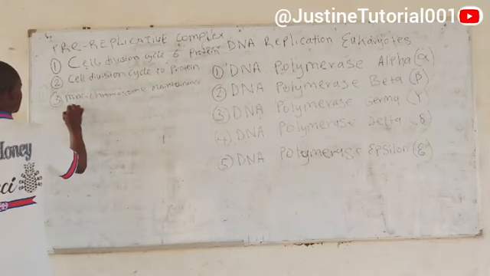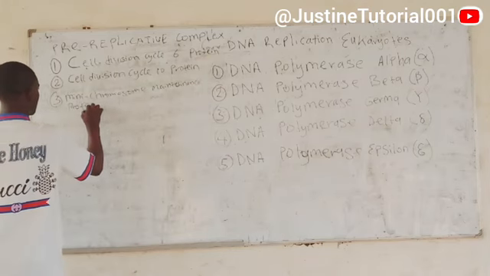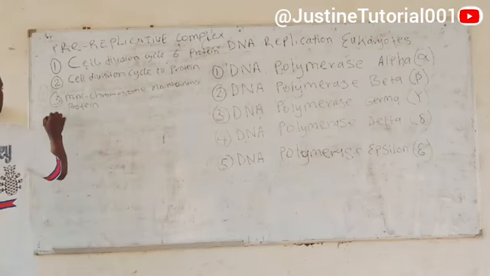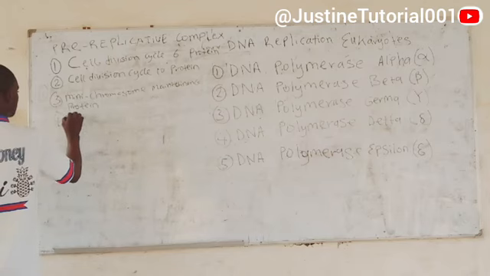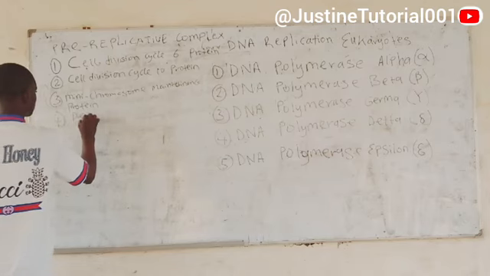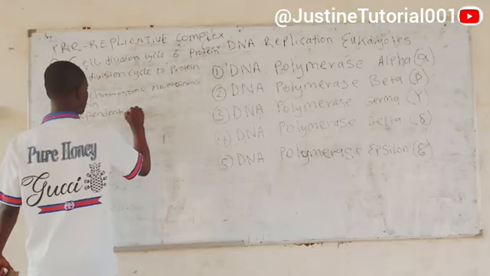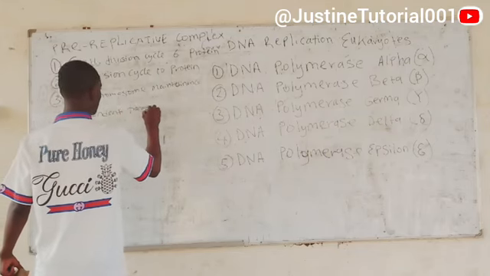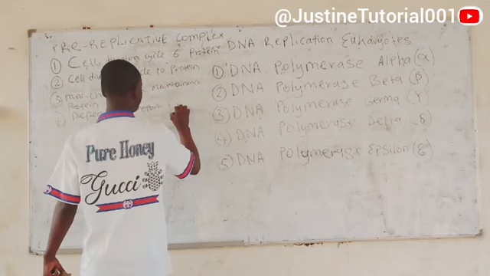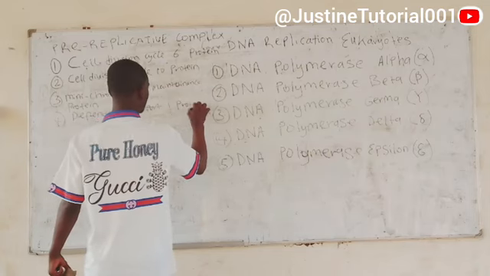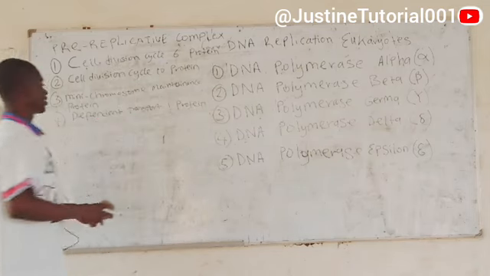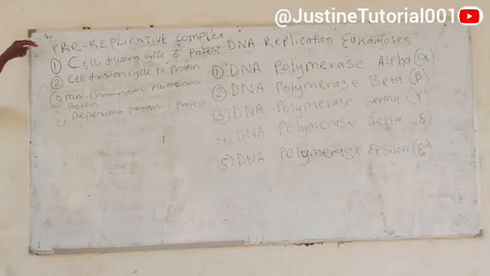The fourth one is the dependent transport 1 proteins. These are the pre-replicative complex that we are going to come across during the course of the DNA replication in eukaryotes.